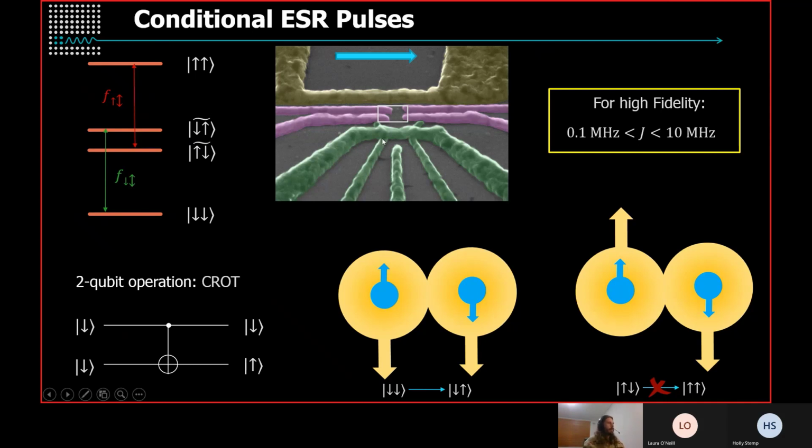So if we now apply a driving field that's resonant with the green transition frequency, we can flip the state of the second electron if the state of the first electron is down, while if the state of the first electron is up, the state of the second electron remains unchanged.